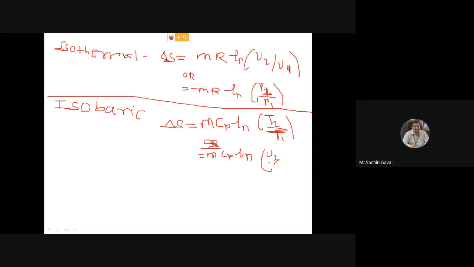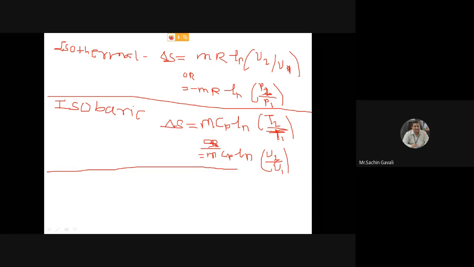This is the isobaric condition: mCp ln of V2 upon V1, or mCp ln of T2 upon T1.